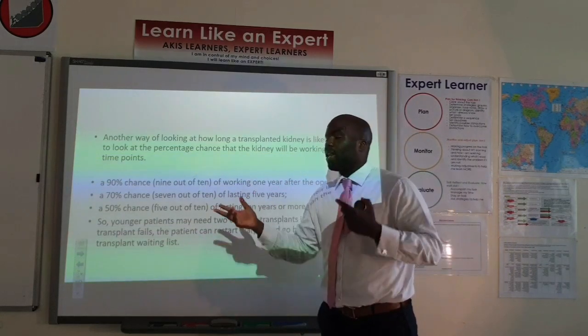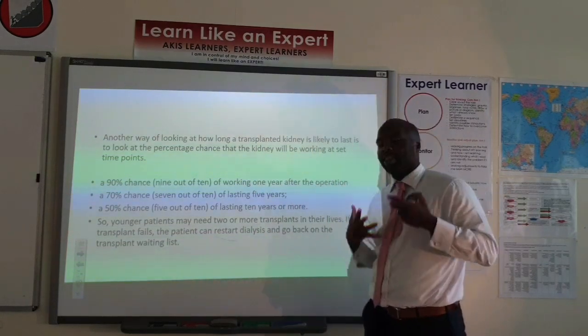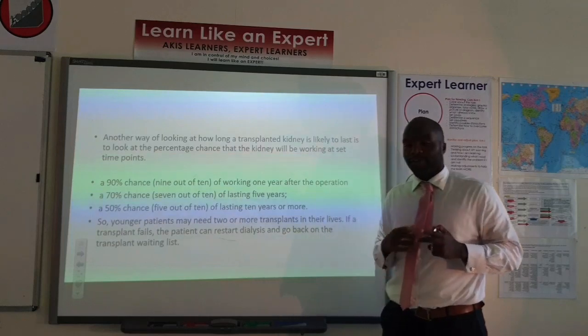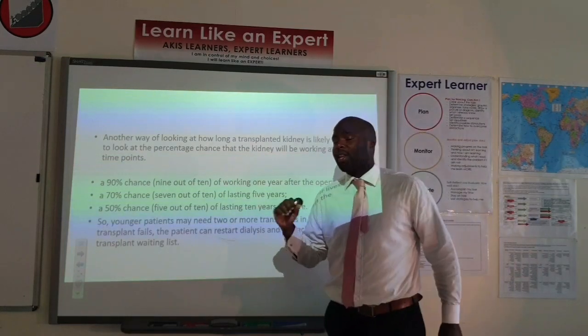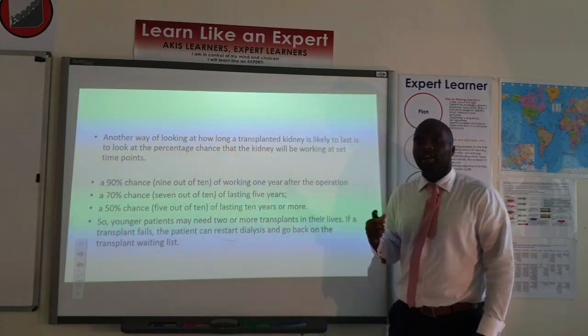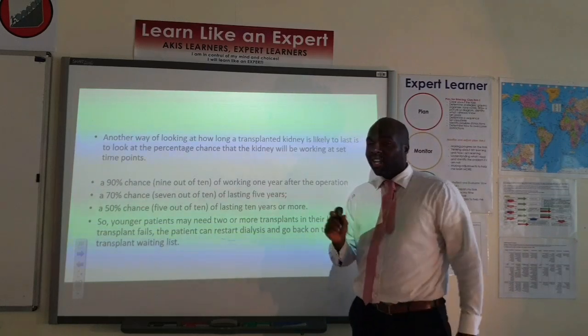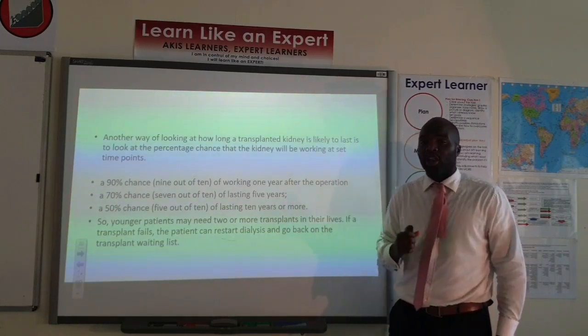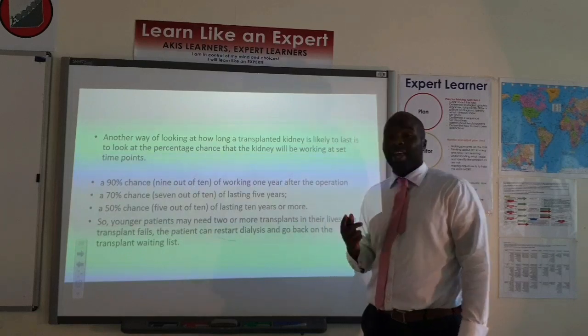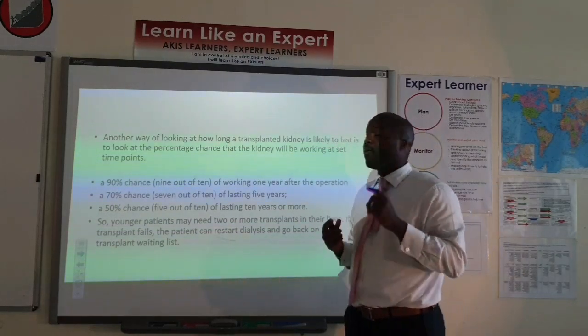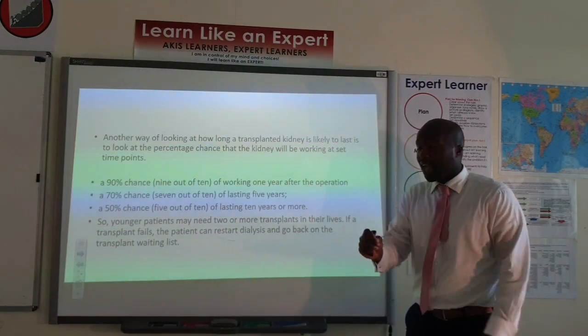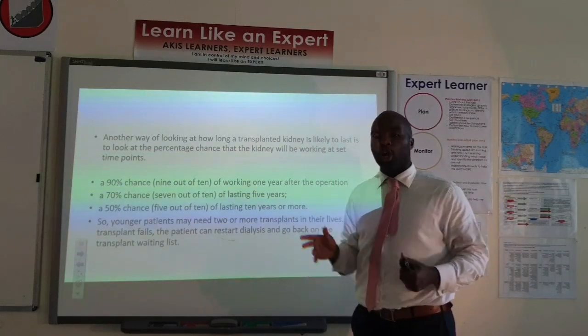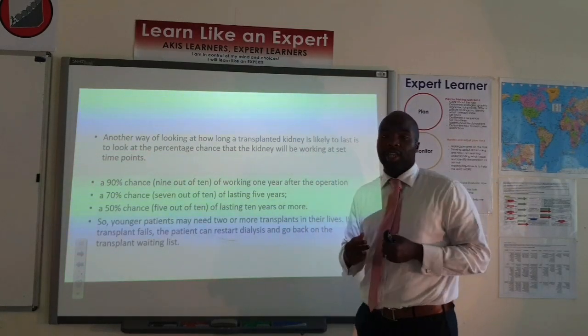And after about 10 years, the chance of that kidney still working effectively is 50%. So if a young person has to undergo kidney transplantation, it's likely that they may need to have a transplant 2 times in their lifetime, if they're lucky enough to find a donor kidney. And don't forget, guys, it is not easy. You can't just walk into your local shopping centre and find a donor kidney.